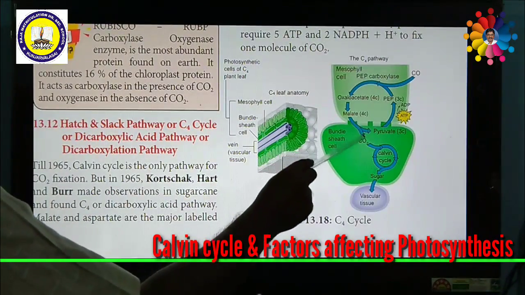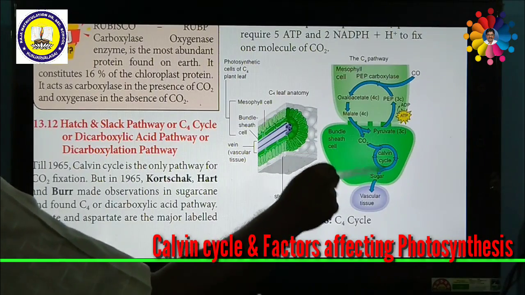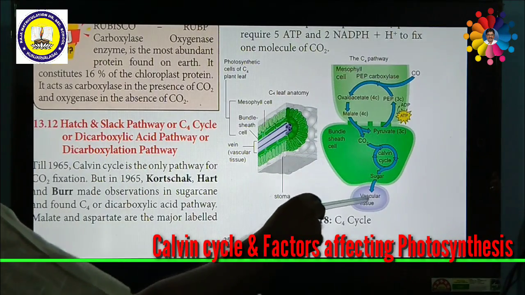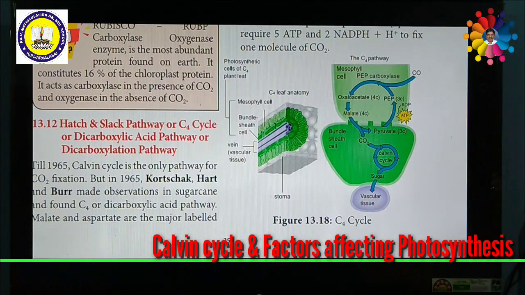But this carbon dioxide enters into the Calvin cycle to form sugar. This sugar enters into the vascular tissue. So this cycle is called C4 cycle or Hatch-Slack pathway. So this is a great picture which is given by Hatch and Slack.